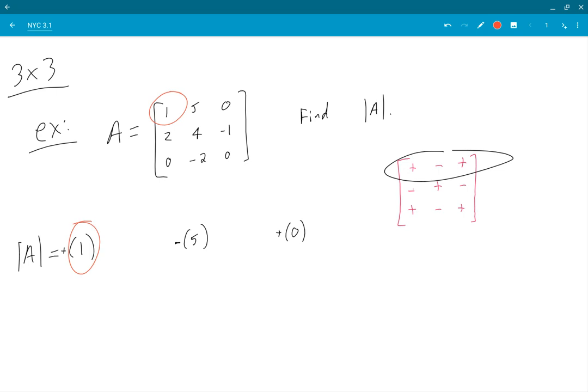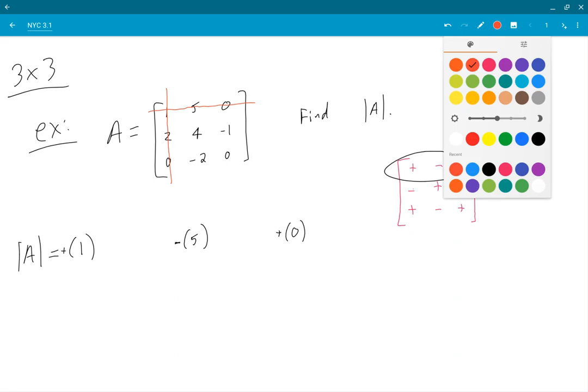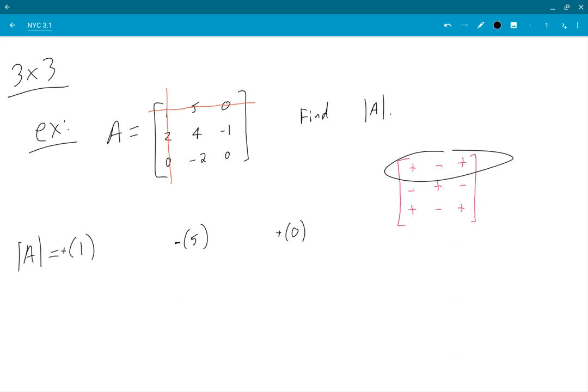What I'm going to do is delete the row that the 1 appears in, and delete the column that the 1 appears in. And what's left? Well, I have this 2x2 matrix, and I'm going to put that in.